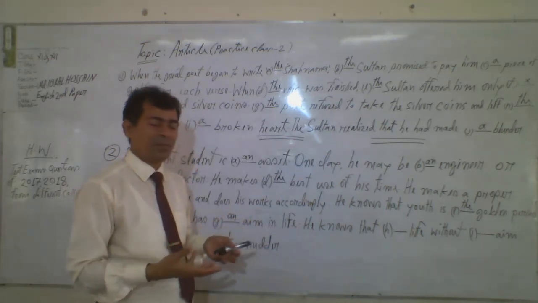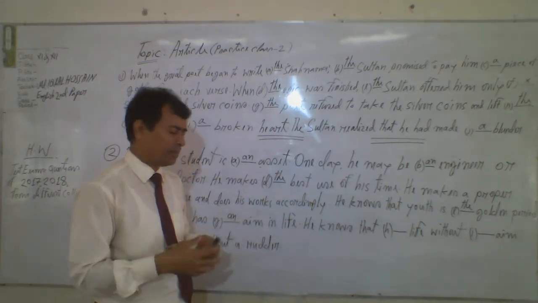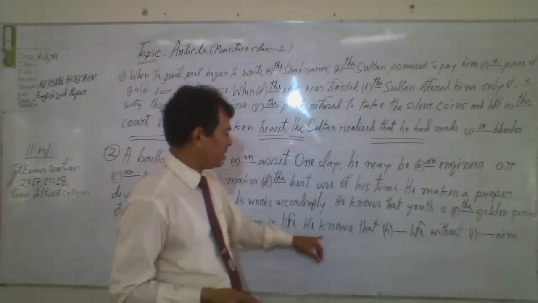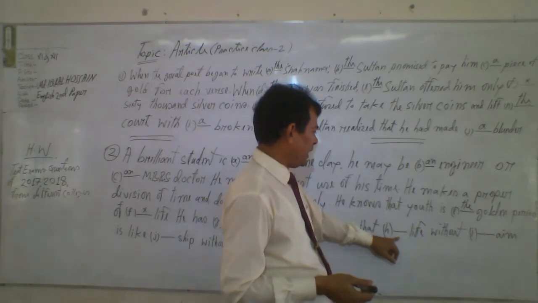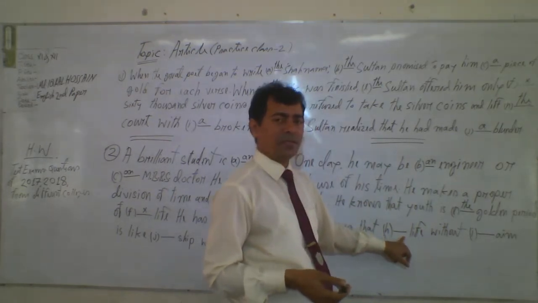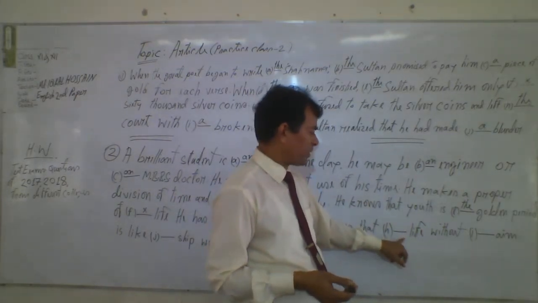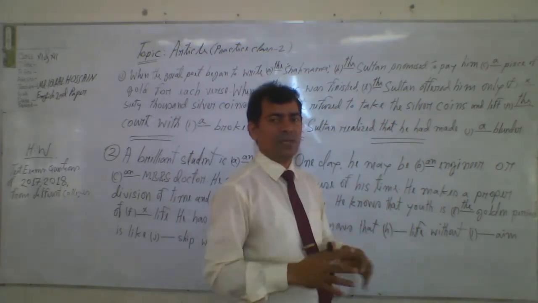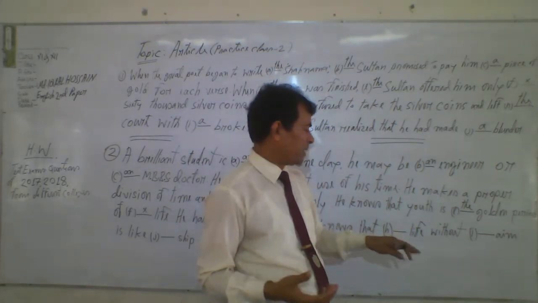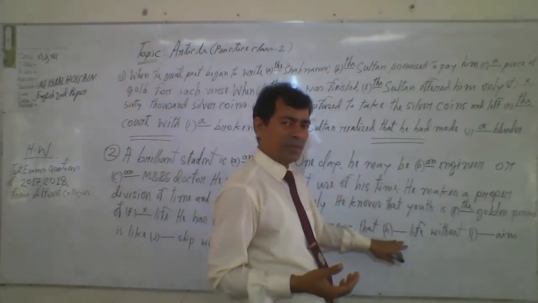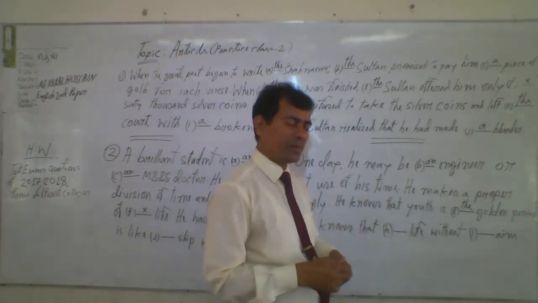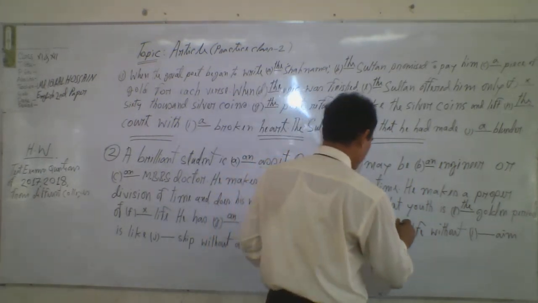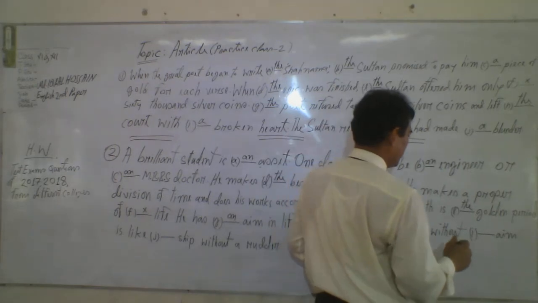A person may have many different types of aim. He has an aim in life. But here life means the life of a particular person. So I have to use here life without an aim.